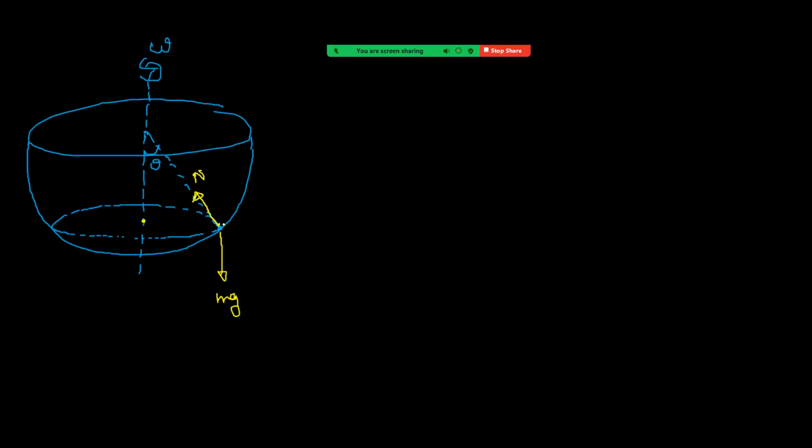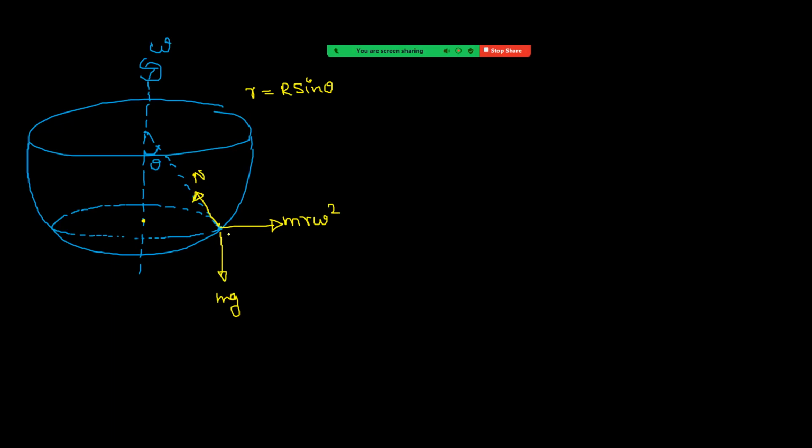Then we have to take a pseudo force, that is known as centrifugal force, which is away from the center. That is m r omega square. Okay. In this, r is nothing but r sine theta. I am writing here r equal to r sine theta. Right. The radius of that circle is r sine theta.